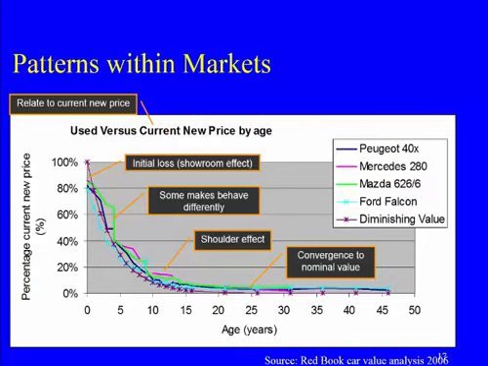And so you do have this strange phenomenon where once a car gets to about 15, maybe 20 years old, it doesn't seem to depreciate very much at all. That is the as-long-as-it-goes kind of value. And so we see that regardless of whether we're talking about a Mercedes or a Ford Falcon.